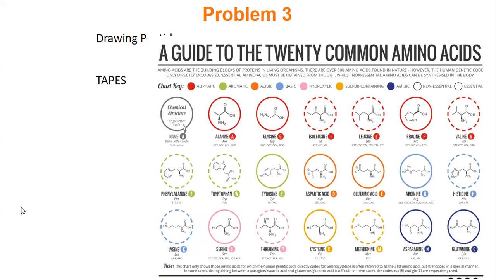Yeah, let me reshare that. All right, so now we have a chart of amino acids. So see if you can draw TAPES in a correct peptide.